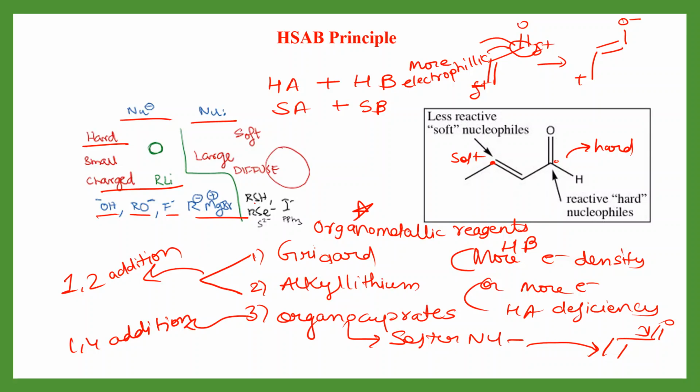Soft nucleophile means largely diffused. For example, here this anion is largely diffused among iodine atoms. Correct? One more example is organocuprates. Soft nucleophiles. Correct?